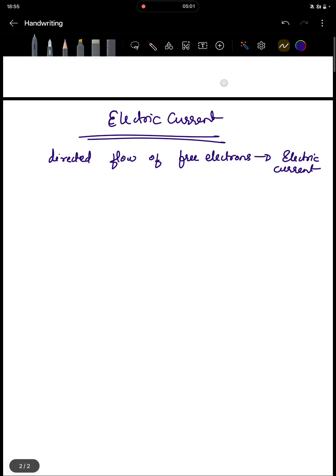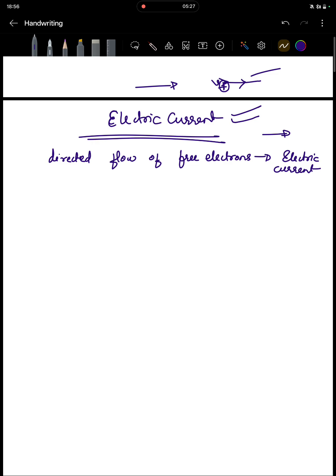Whenever there is a wire and we apply some voltage, we say it is conducting or not conducting based on the number of free electrons. So when we say there is an electric current, there should be a directed flow, one direction for the flow of the electrons.